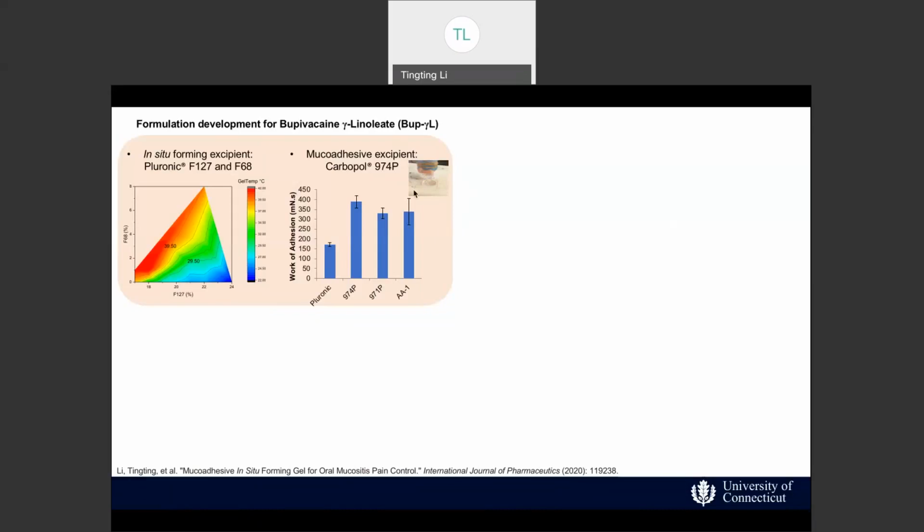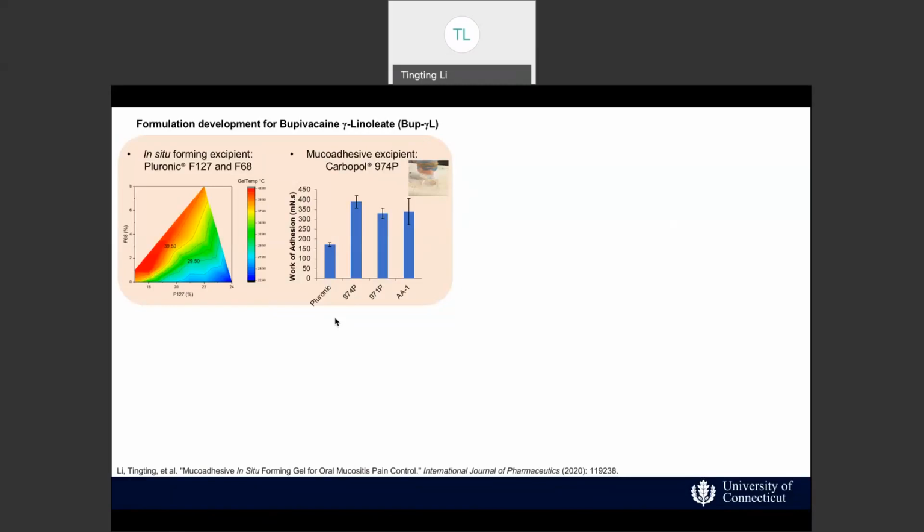We used this method to do the mucoadhesive potential evaluation, and this result shows how different mucoadhesive excipients can improve the mucoadhesive property of the formulation. In this second figure, the Pluronic group is a control group that contains only Pluronic F127 and F68. And from the 974P to AA-1 groups, those are formulations containing not only the Pluronics, but also one type of mucoadhesive excipient.